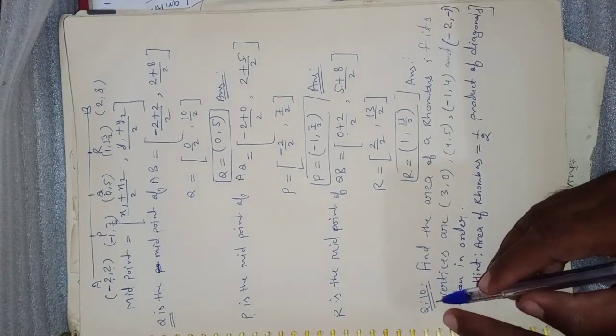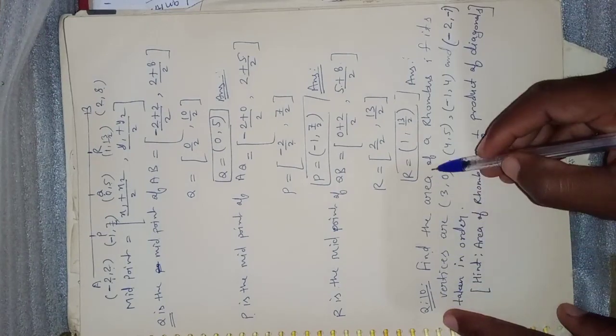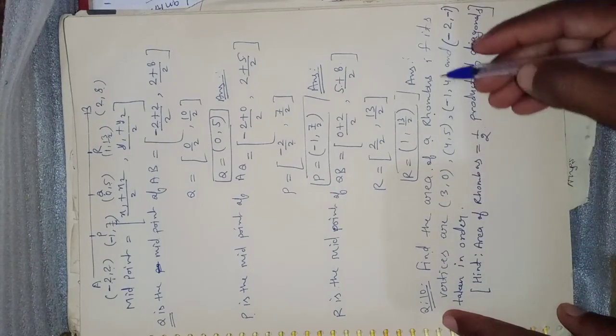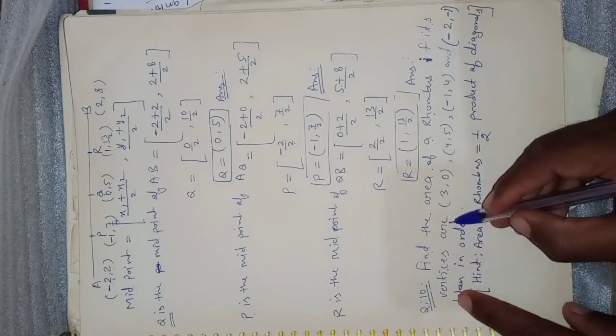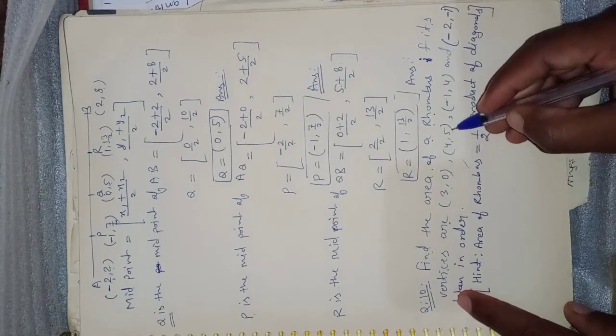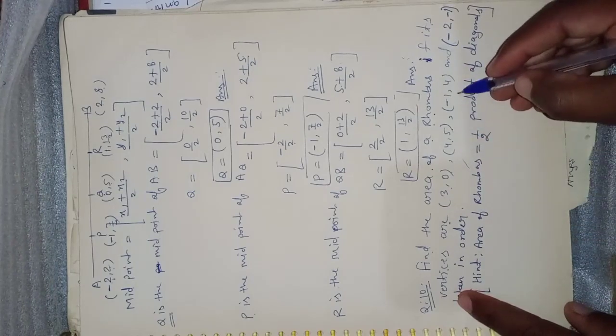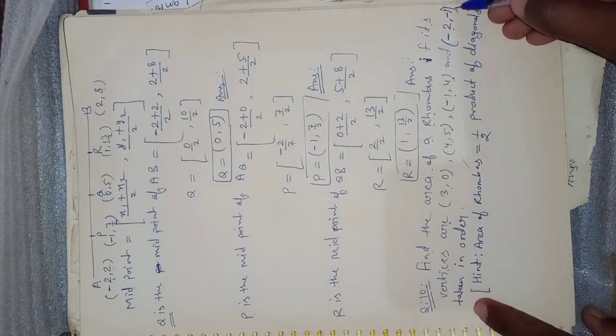Question number 10, the last question of 7.2. Find the area of a rhombus if its vertices, taken in order, are (3, 0) first, (4, 5) second, (minus 1, 4) third, and (minus 2, minus 1) fourth.